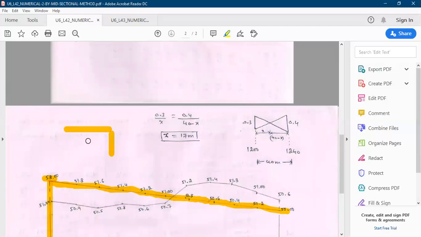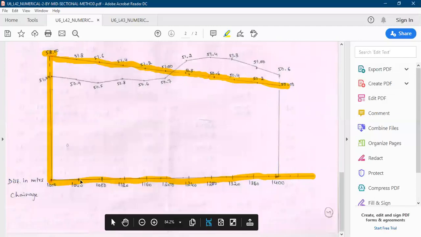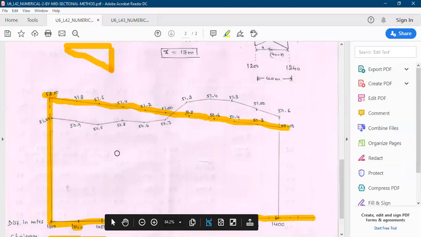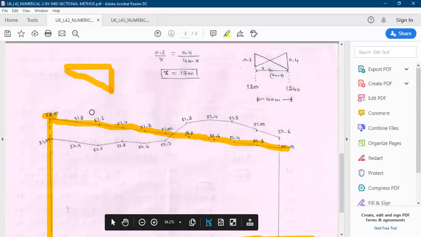So decrement is 1. So we have the chainage distance as 1000 and for next point it is 1040. That means interval between two stations is 40-meter distance. Similarly, here to here it is 40-meter distance. Right, so the gradient is varying as 1 in 200. For every 200, downward decrement is 1 unit.